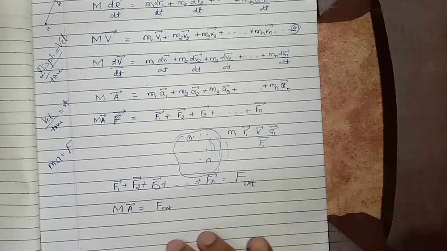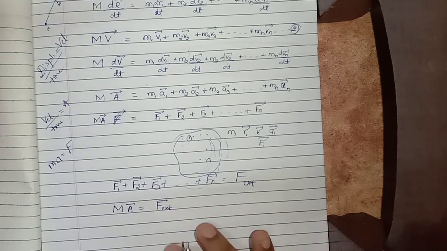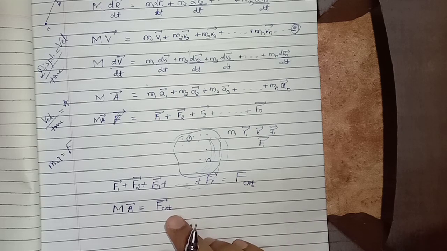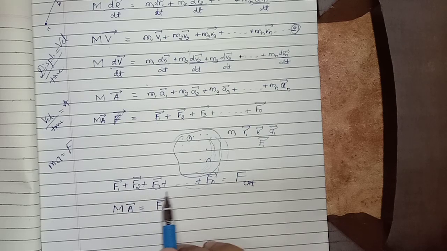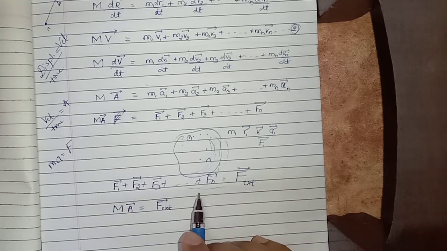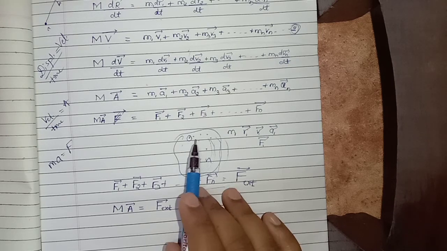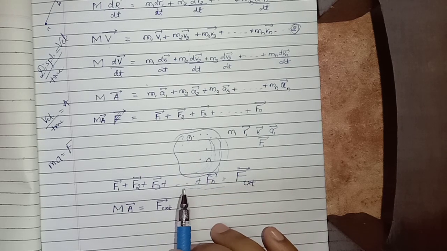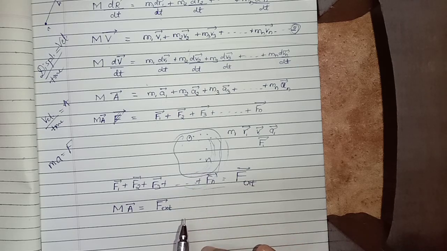Where this F external, we have to show the direction also because it is a vector. F external is the vector sum of all the external forces acting on every particle of the system. Here we don't have any internal forces.